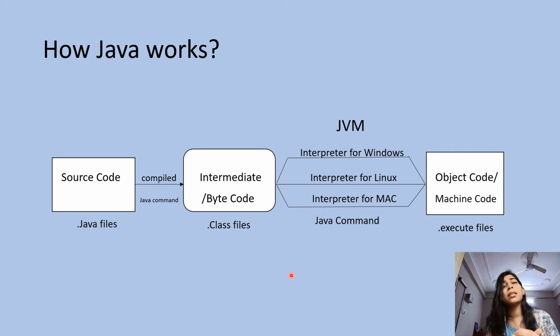So there is an interpreter for Windows, for Linux, and for Mac, and it works depending upon the kind of system you are using. So the byte code through JVM gets converted into machine code, and machine code is also known as object code. So anywhere you find different terminologies for the data, you must not be blank, and you must know कि किसकी बात हो रही है, right?